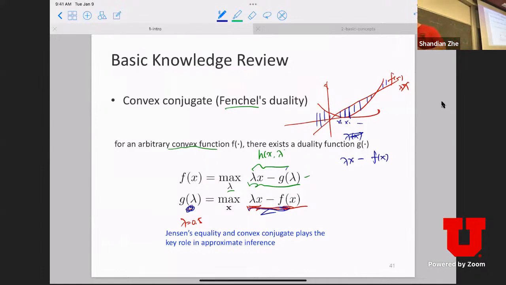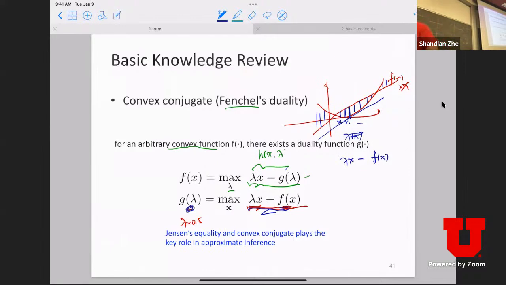You just move lambda x downward until you find the tangent line. The difference between your lambda x and your tangent line at this particular tangent point, this length is the largest.